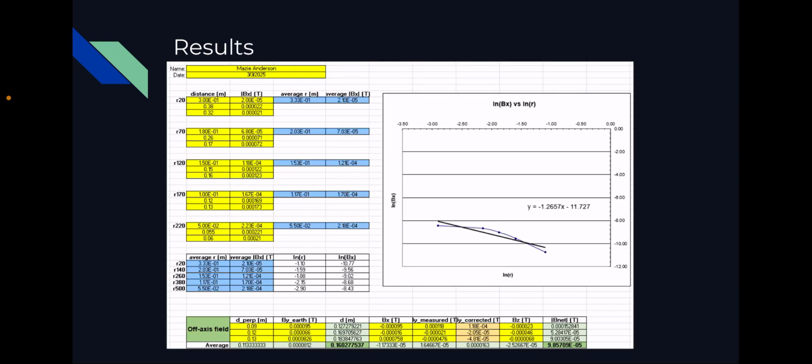So here are all of our results from the experimental model, just laid out in one single graph.